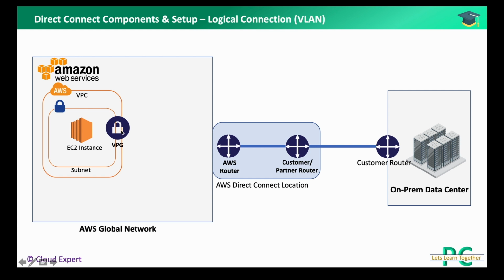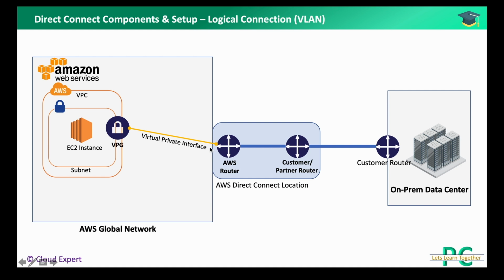Now what you have to do is create an interface, a virtual private interface. One point to be remembered here: there are different types of interfaces, which I am going to cover. But if you want to establish a connection with an AWS VPC or any private resources, where you are going to connect with a private IP, you have to use a virtual private interface.